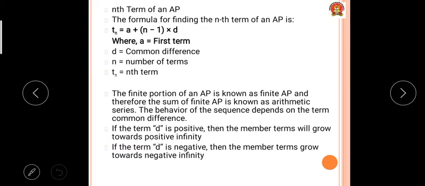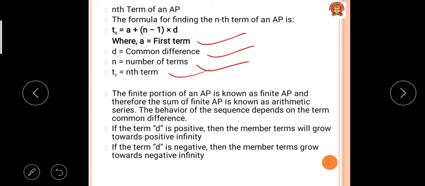Now after getting the formula of the nth term, we will use it to find the nth term, where in this formula A is the first term, D is the common difference, and n is the number of the term, whatever is given.